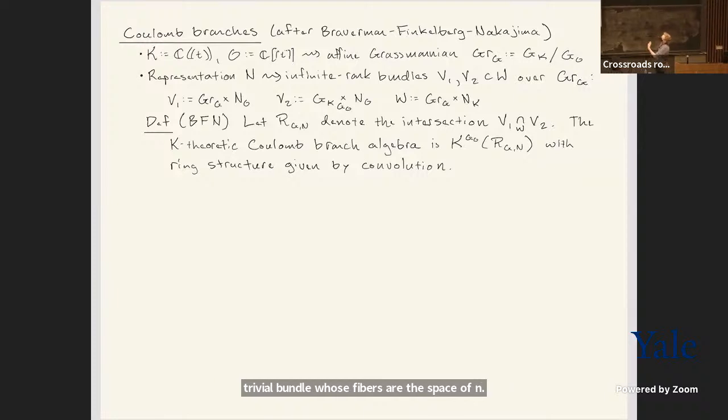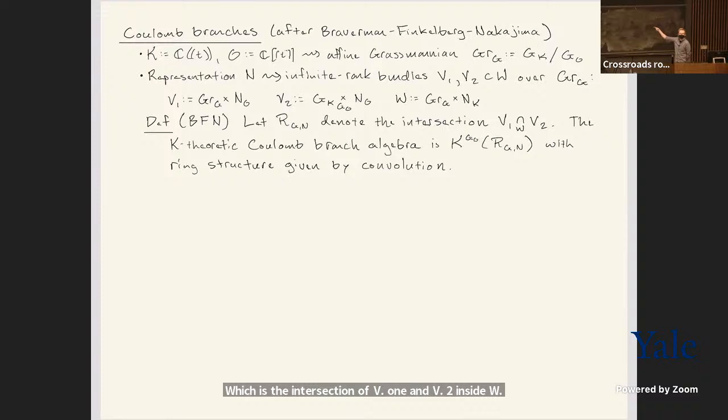And then sitting inside that, there's a twisted, a non-trivial bundle whose fibers are also isomorphic to N_O. And that's this: I take G_K times N_O, and I quotient by the diagonal G_O action. So V2 again sits naturally inside W. And so the definition of the Coulomb branch is that first you consider the space R_{G,N}, which is the intersection of V1 and V2 inside W. All of these spaces, and in particular their intersection, continue to have an action of the group G_O.